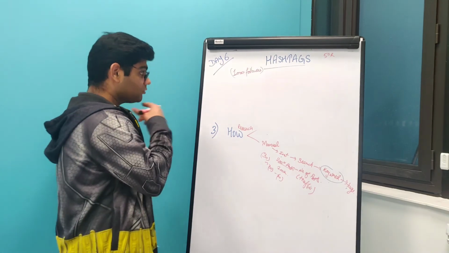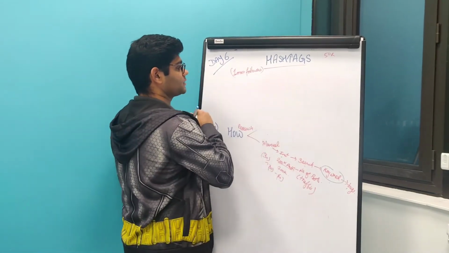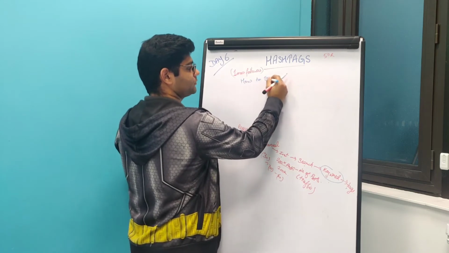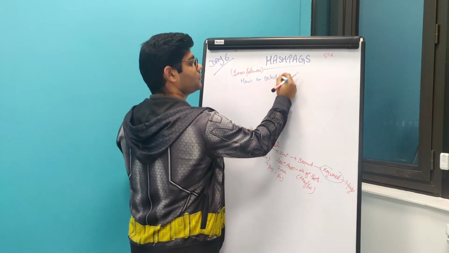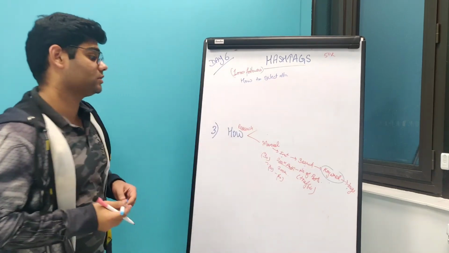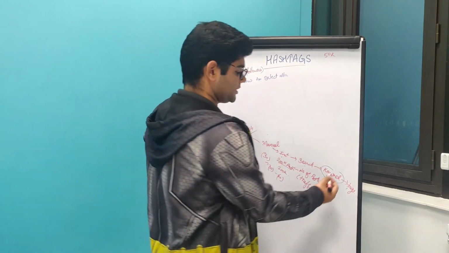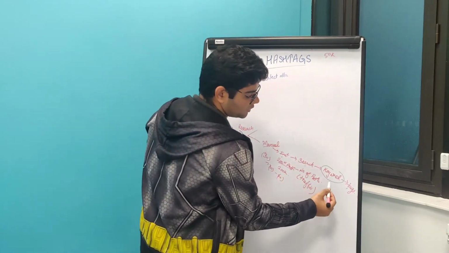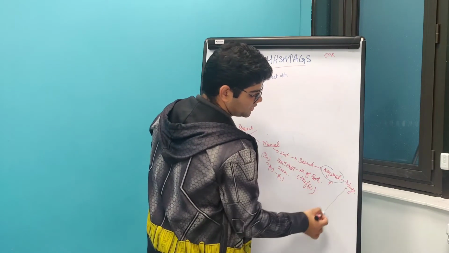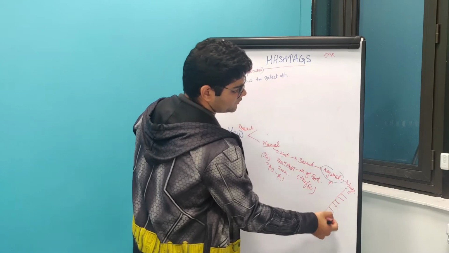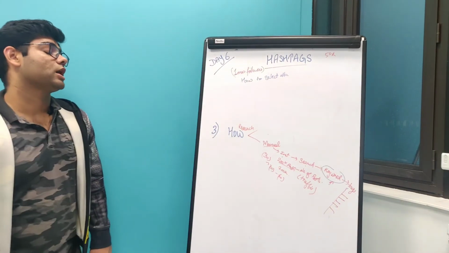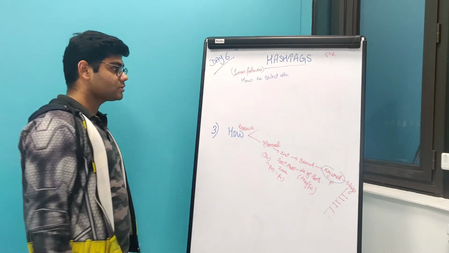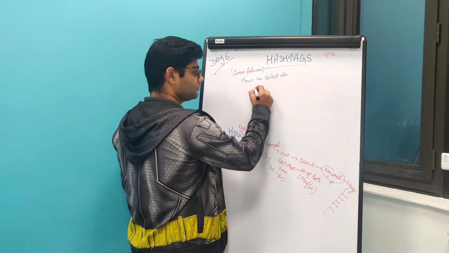Okay, so how to select hashtags? I said that we do it the manual way, and I told you to write the keyword over here and then select the hashtags. But how do you select the hashtags? This is very important and you gotta know this. So we gotta make a table here.